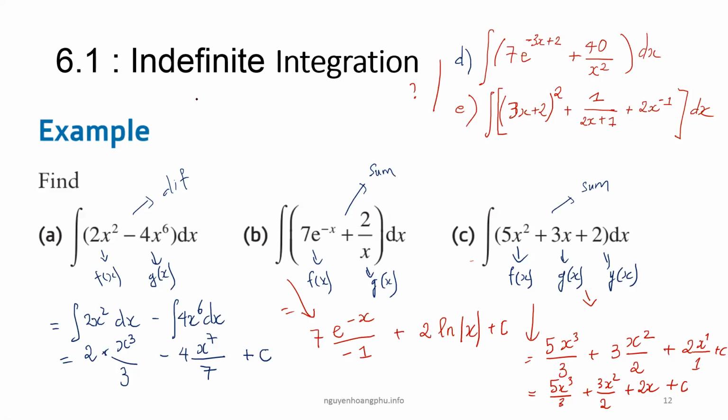So here we will have 7e^(-3x) plus 2 divided by minus 3, plus 40 multiplied with (x minus 1) divided by minus 1, plus c.